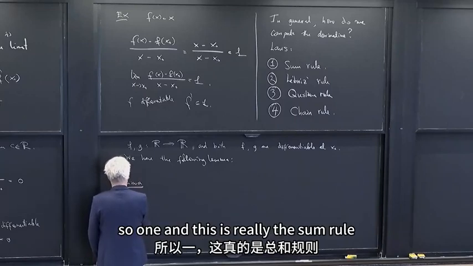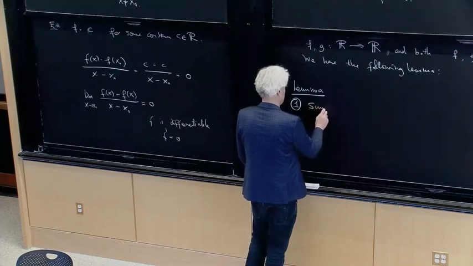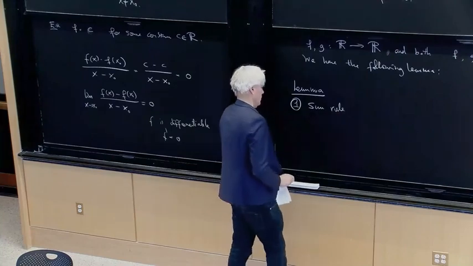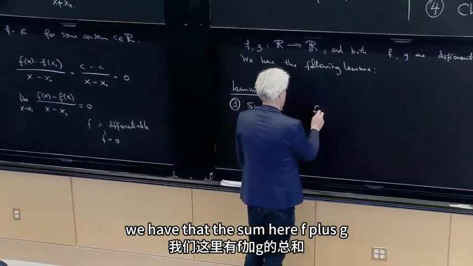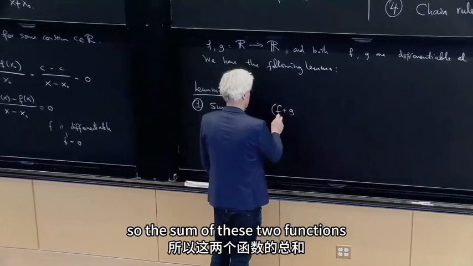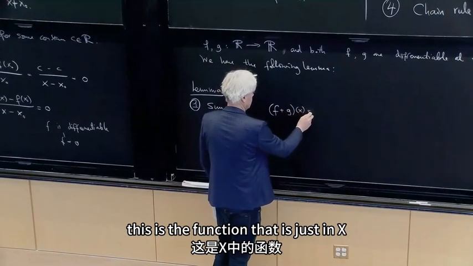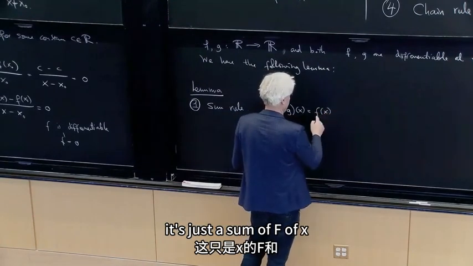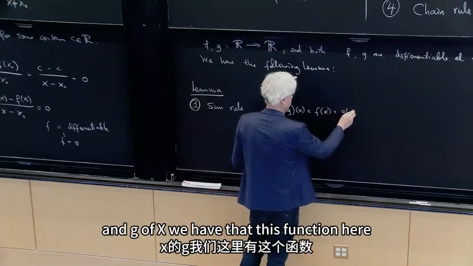One, and this is really the sum rule: the sum f plus g, this is the function that in x is just the sum of f of x and g of x.